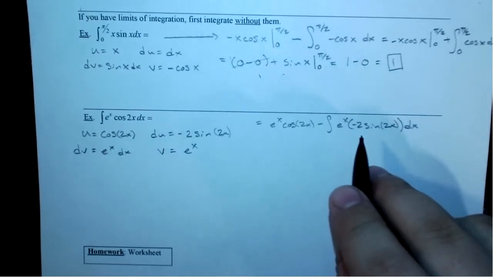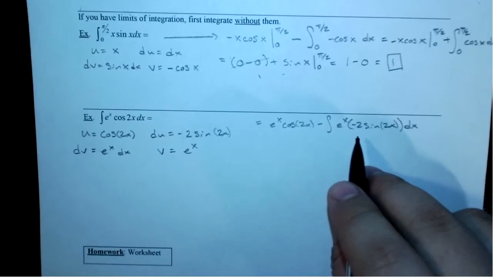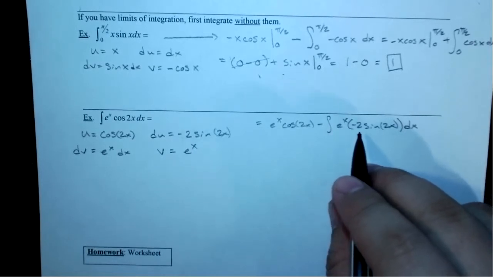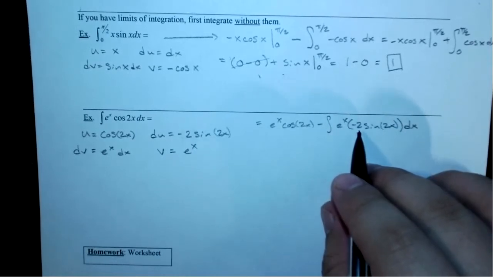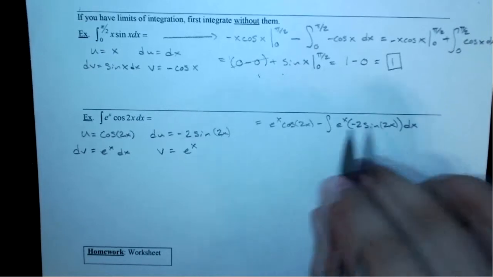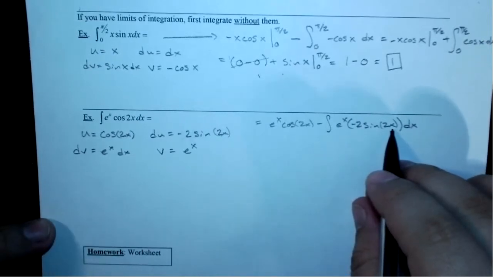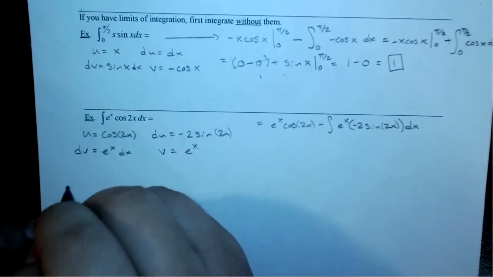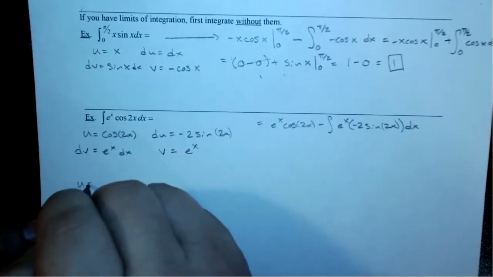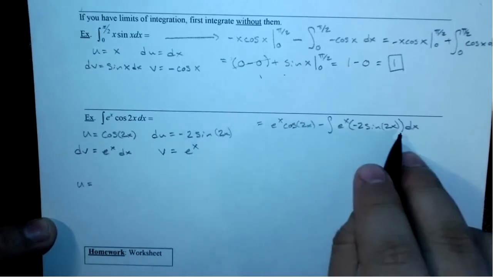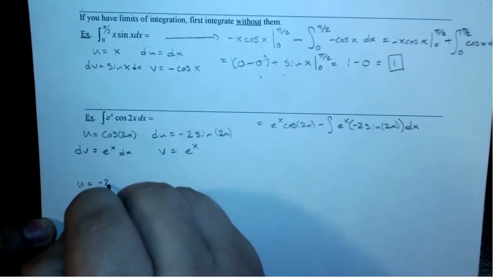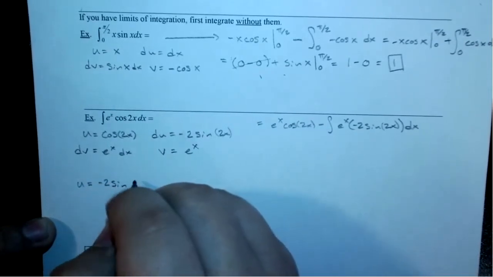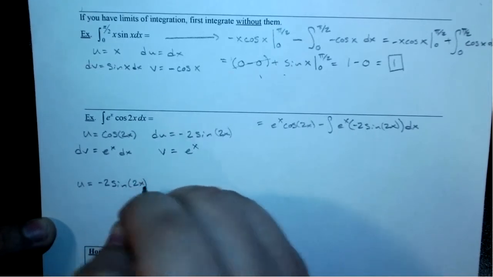Now, we run into the same problem again because we don't know what this is. So we're going to use integration by parts one more time. I'm going to go down here and say u is now equal to negative 2 sine of 2x.